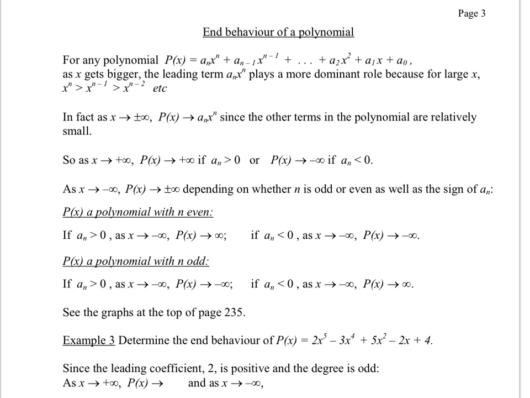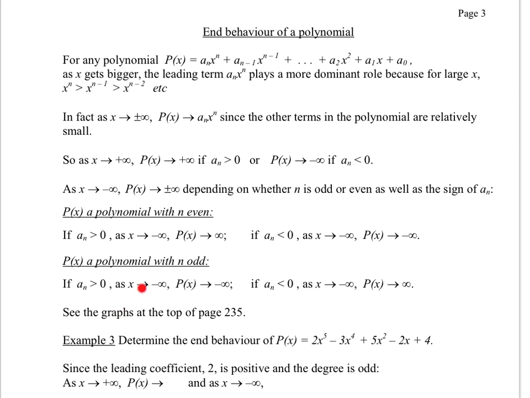If the number before is a negative number, then you're going to have something that's upside down. It's going to be like that. And then if you've got an odd number for the power of x in the leading term, then you're going to have something that's kind of like the shape of an x cubed.